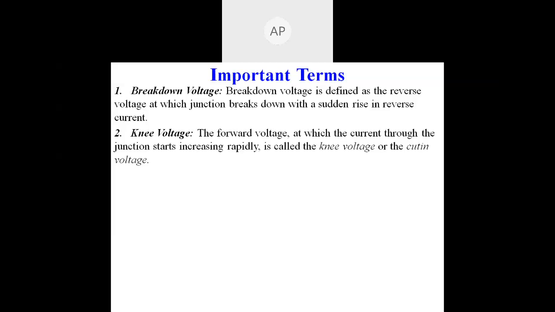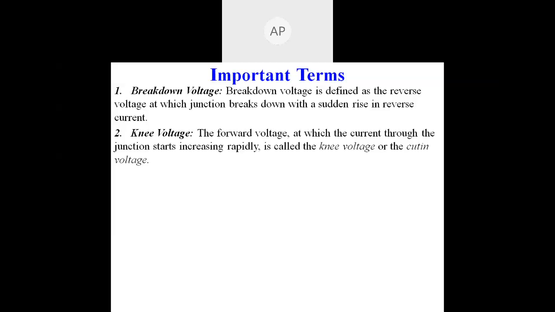Next is the knee voltage. If you concentrate on the forward bias characteristic of a diode, up to the barrier potential a small amount of current flows, and once the applied voltage is greater than the barrier potential, the current immediately rises.